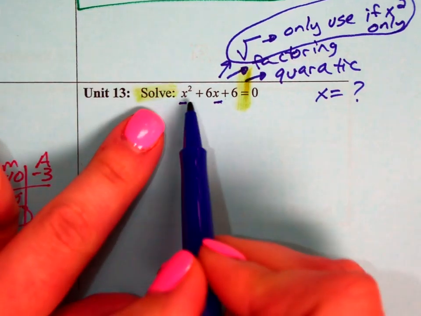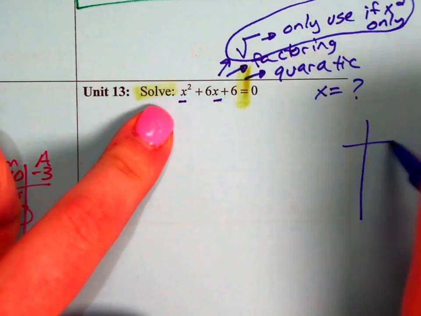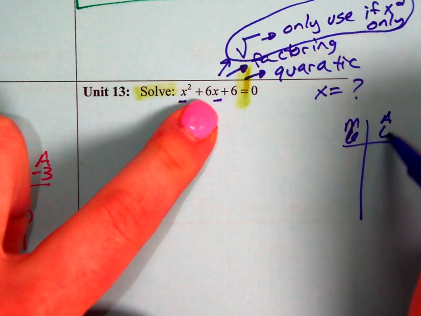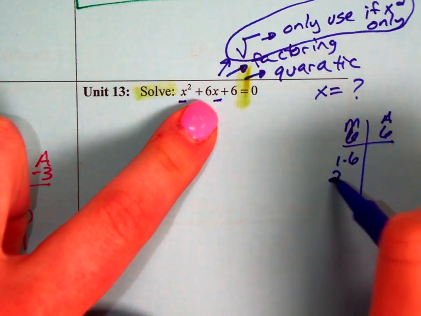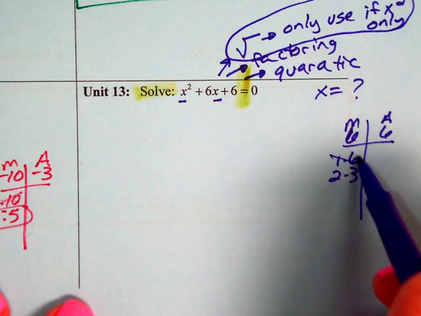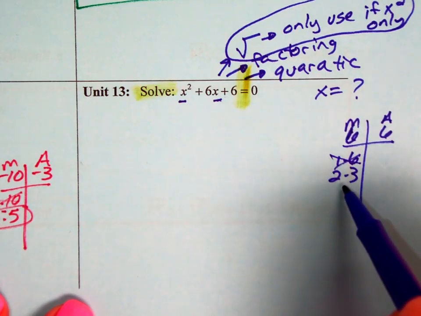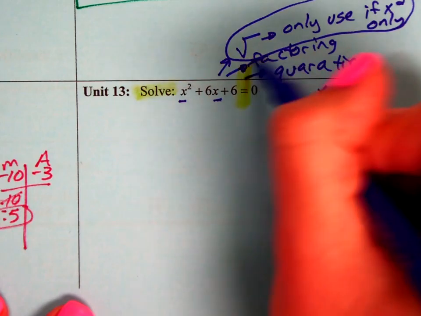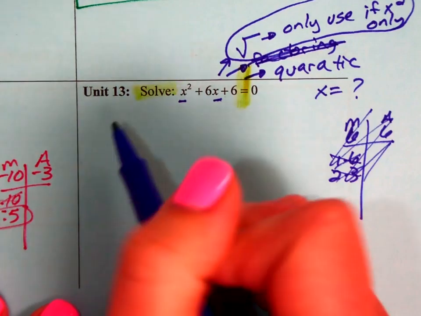Well, I would try factoring first because my first term is a 1. So I would have to find something that multiplies to 6 and adds to 6. Well, 1 and 6 is 6, 2 and 3 is 6. Well, if I add these, I get 7. If I subtract, I get 5, so that won't work. If I add these, I get 5. If I subtract, I get 1. So that means this time I cannot factor, which means we have to use the quadratic.